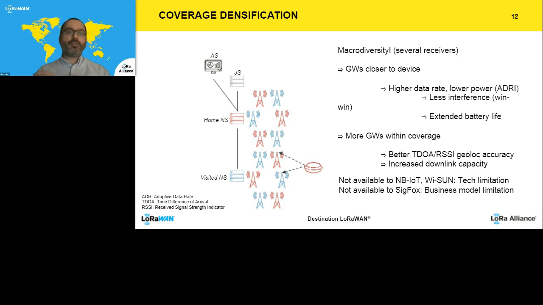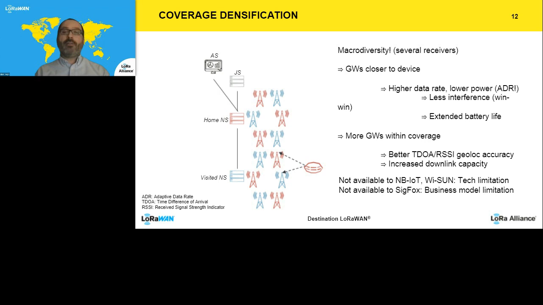And through that proximity, now another great feature of LoRaWAN kicks in, the so-called adaptive data rate. Now the device can start using a higher data rate and also lower its transmission power, because it no longer needs to use a low data rate and high transmission power, which are essential for communicating with far base stations.